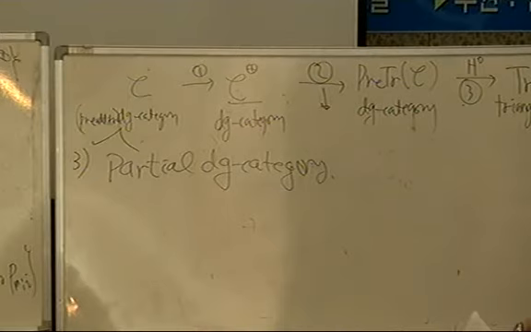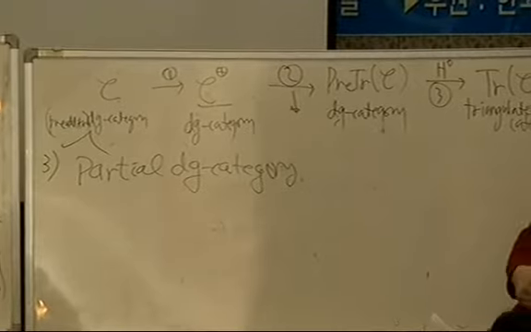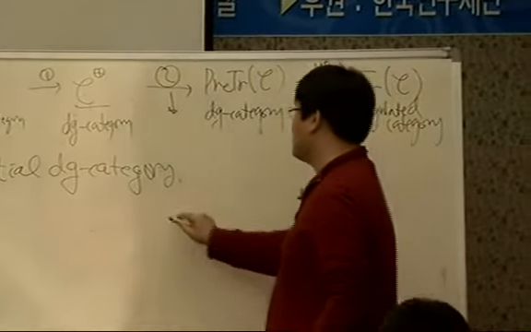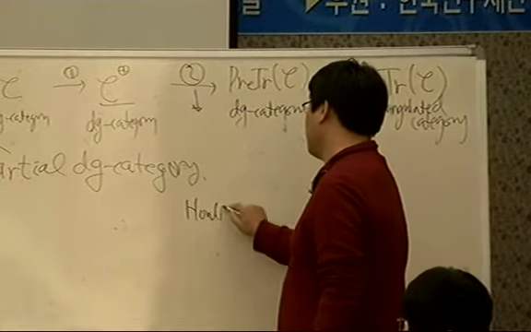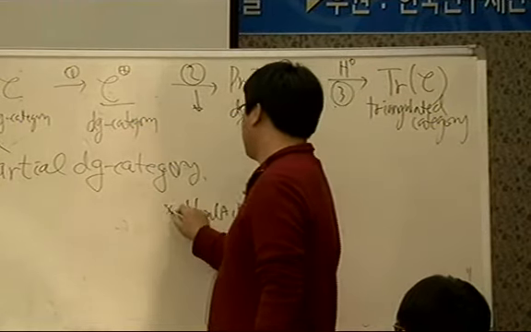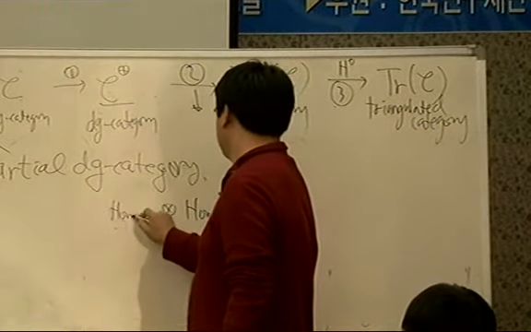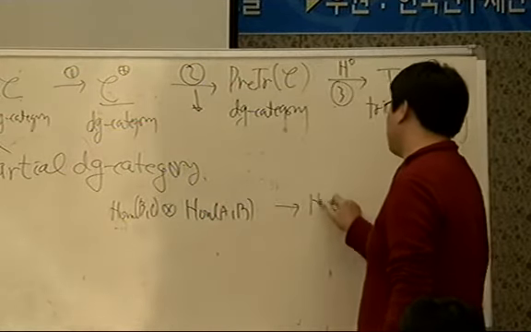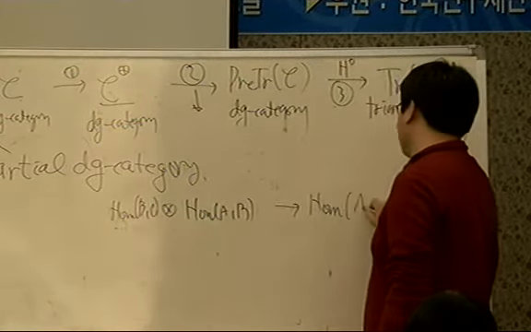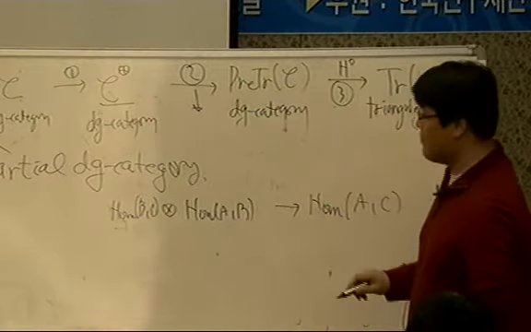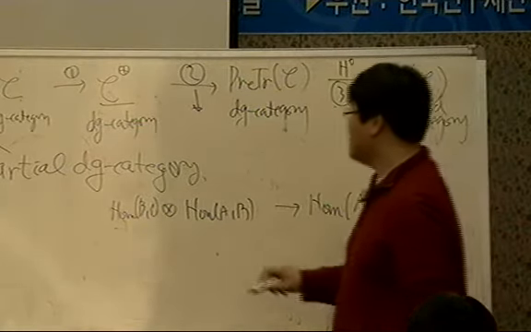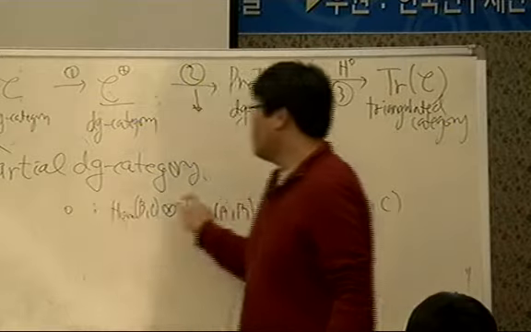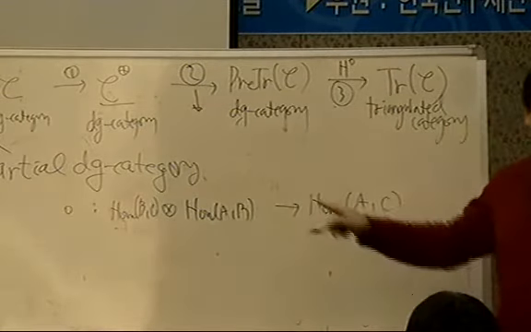But one lacking property is that if you have two morphisms, for instance Hom(A,B) and Hom(B,C), they are all complexes, and generally we want, by composition, an element over here. But the trouble is, the composition rule will not necessarily be defined everywhere.